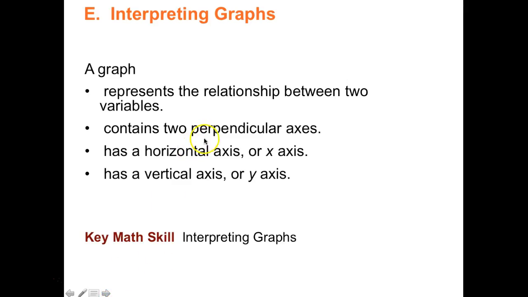So the graph relationship has two variables. One is on the y-axis and the other is on the x-axis. They are two perpendicular axes, and if the two variables have a direct relationship, then you will get a straight line graph, like we saw in the graph that represented volume and temperature for the balloon.